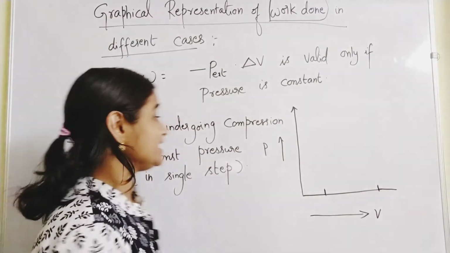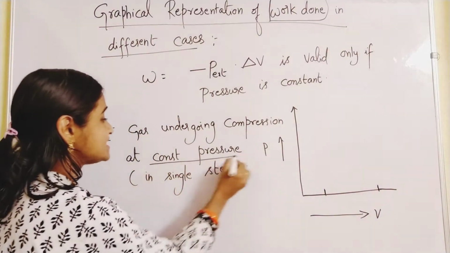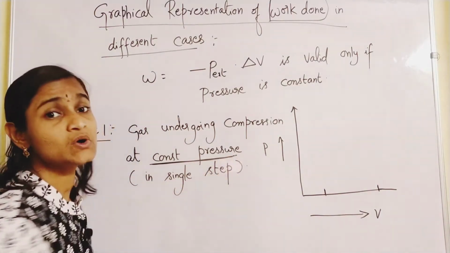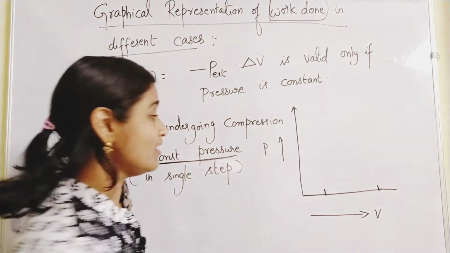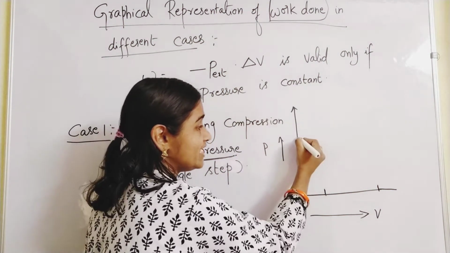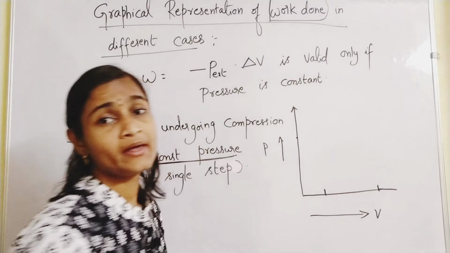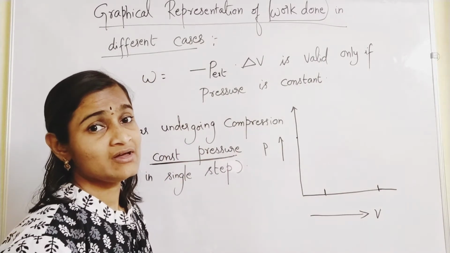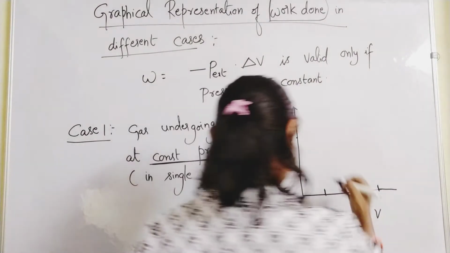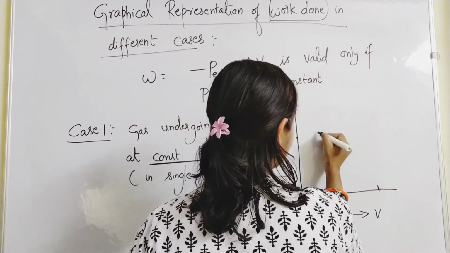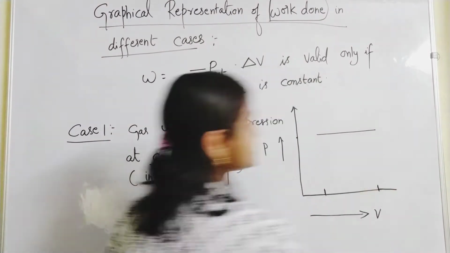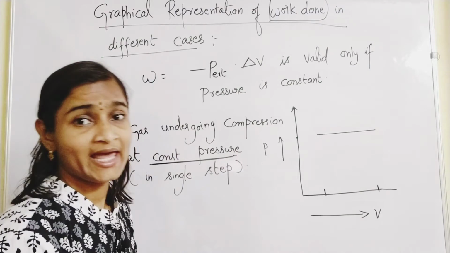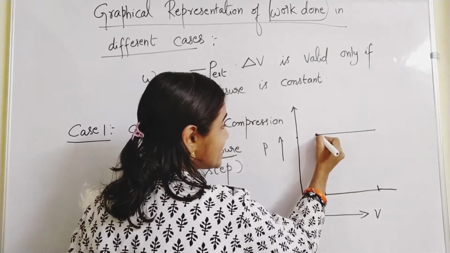But here pressure is constant. Pressure remains constant. Only one point on y-axis. If I take only one point, it is enough. So how will the graph be? The graph will be a straight line parallel to x-axis because pressure is constant.